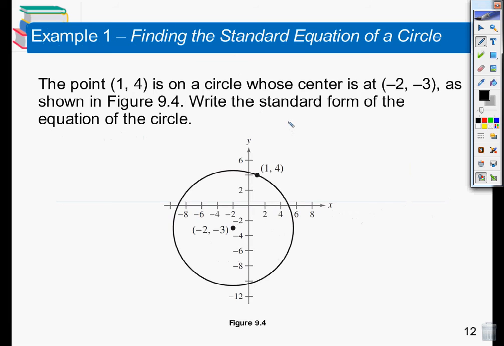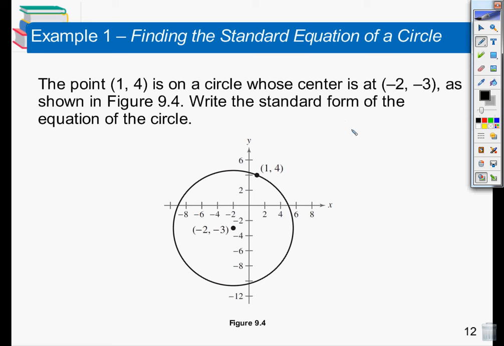There are a couple different operations we're going to be doing with them, very basic things. Let's start with the first example, which says: I have a specific point and a specific center point, give me the equation. Some of you might be able to jump right into this, but let's do it to make sure everyone's on the same page.